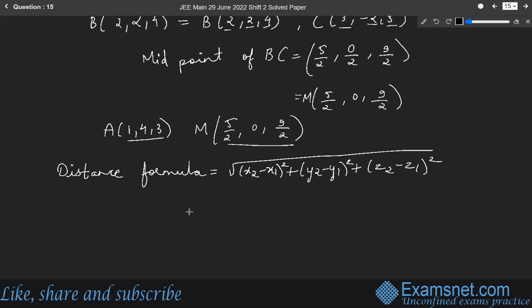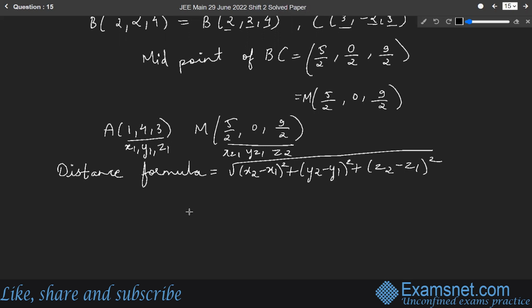Let us consider these points as x1, y1, z1 and x2, y2, z2. So we want to perform x2 minus x1.